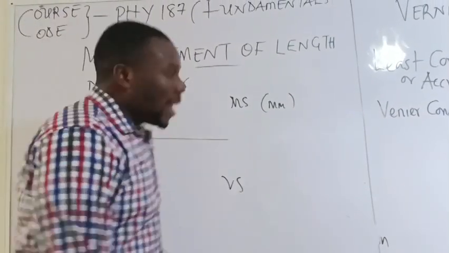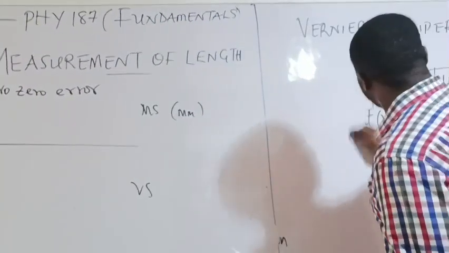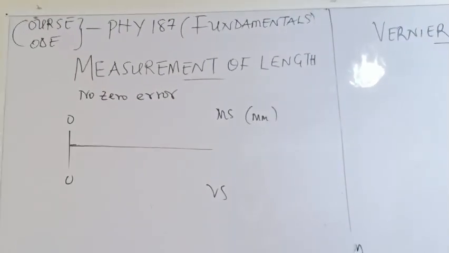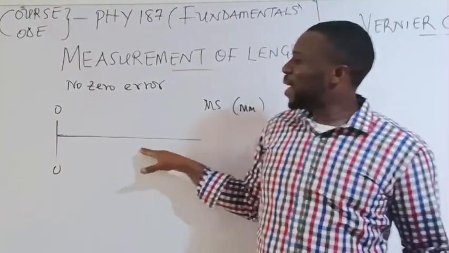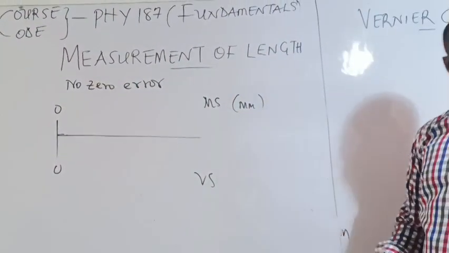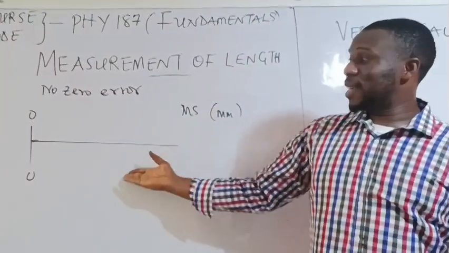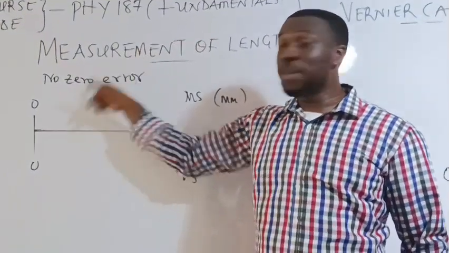But we could also have what we call the negative 0 error and the positive 0 error. What this simply means is this. The Vernier scale could shift to the left of the 0 of the main scale. We call that the negative 0 error. And the Vernier scale could shift to the right of the 0 of the main scale division.